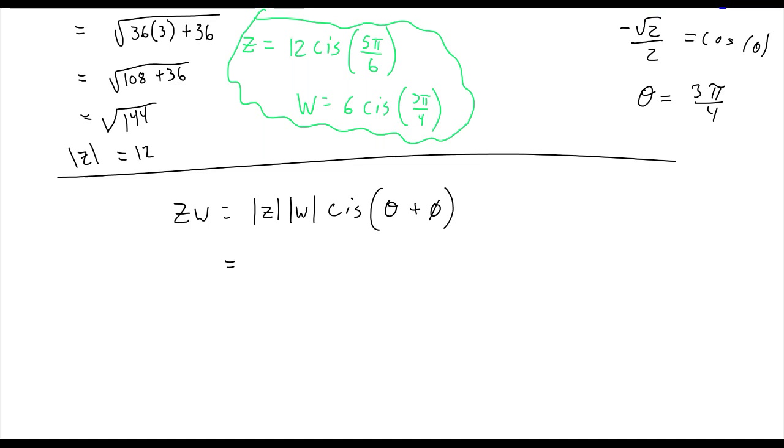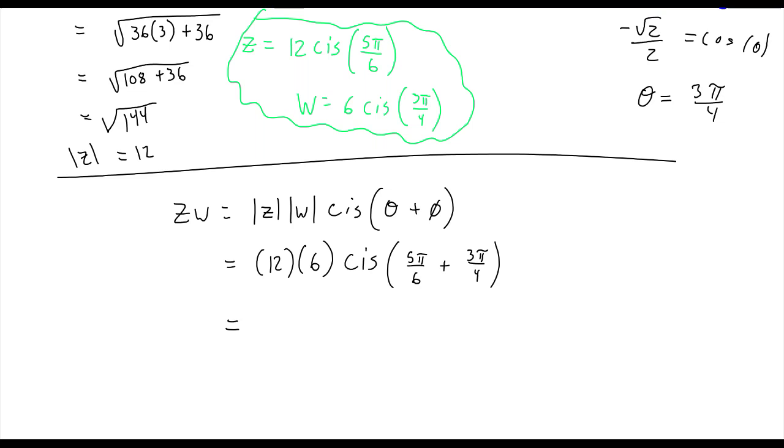All right, so 12 times 6 cosine plus i sine of 5 pi over 6 plus 3 pi over 4. Let's carry this out really quick. 12 times 6 is 72, cosine plus i sine.